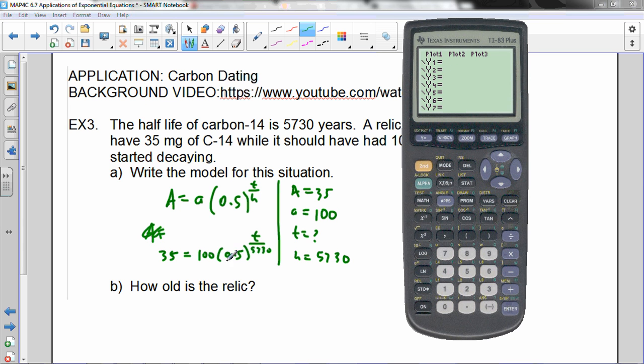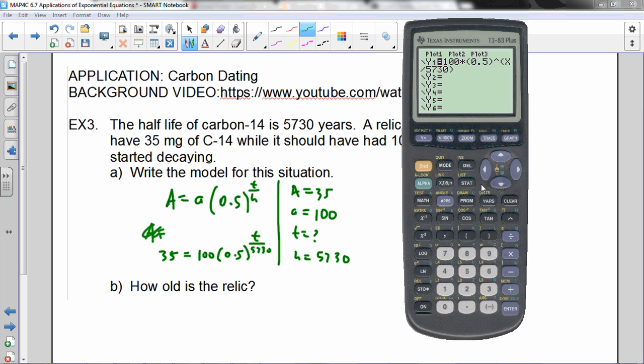So I'm going to put the right hand side here: 100 times 0.5, I should maybe put a bracket in there, 0.5 to the exponent bracket x divided by 5730 bracket.